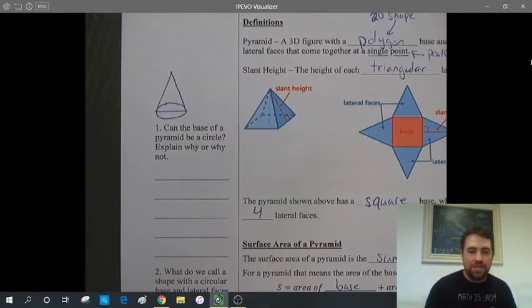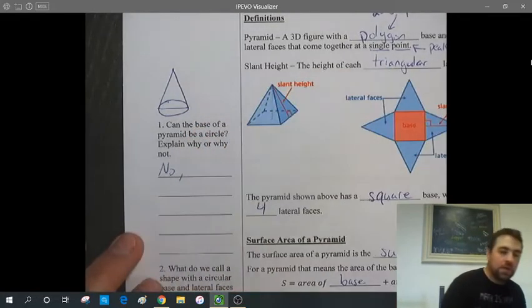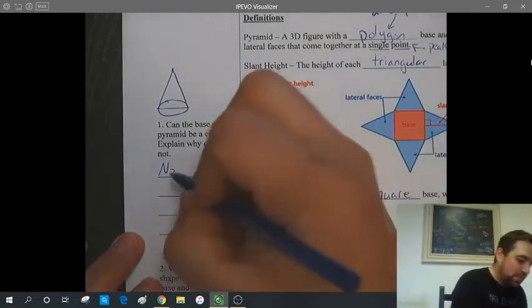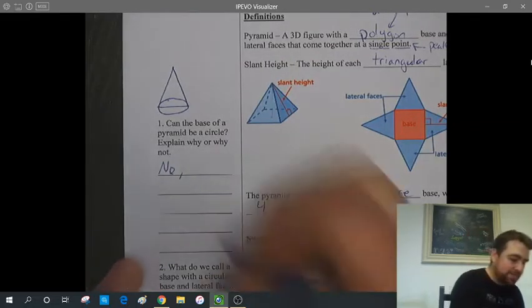So we need a multi-sided figure here. So the answer here is no, I can't have a pyramid with a circular base because I can't make those triangular lateral faces from each of the sides.